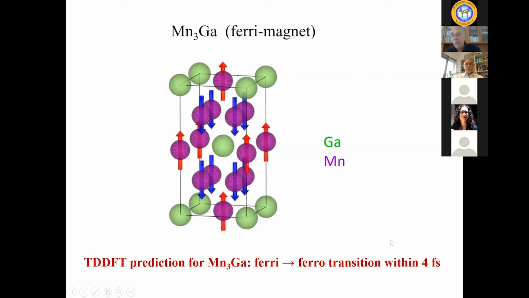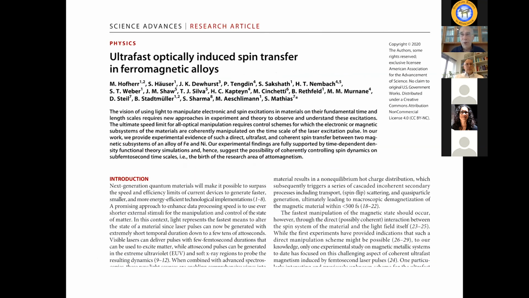Now, as I said before, this OISTR effect was first predicted by TDDFT in 2016. In fact, these examples that I showed you were from the paper of 2016. And then later it was confirmed experimentally by several groups.